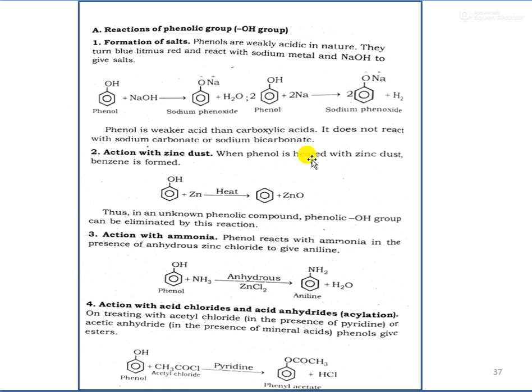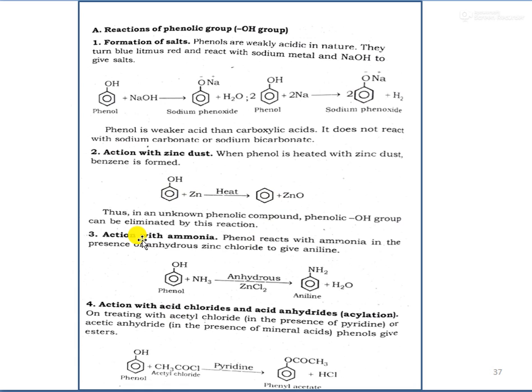That is, when phenol is treated with zinc dust, benzene is formed. So this is a reduction reaction. The OH group is removed from the phenol, and when it is heated, zinc oxide is formed, and the OH group is absent here.